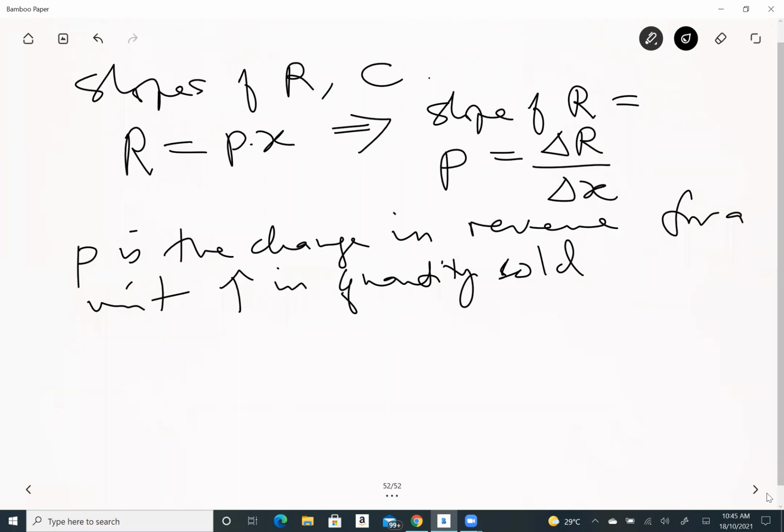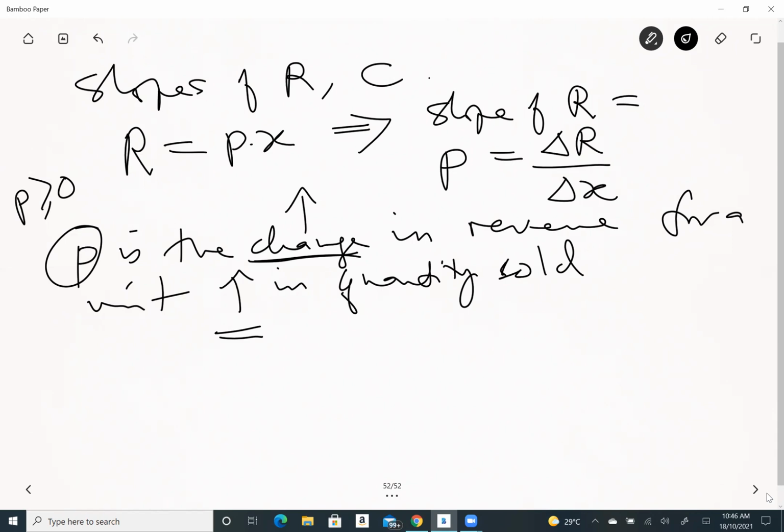Here the quantity X increases by 1 unit, not the price. And we have price positive. There is no such thing as a negative price. Or you can put P equal to 0, but then revenue is 0. So for positive price, which direction is the change in revenue? Increase.